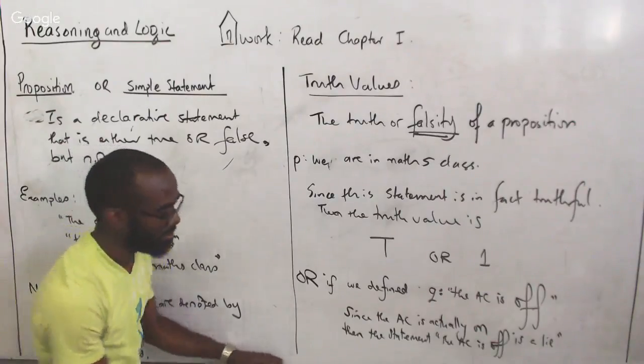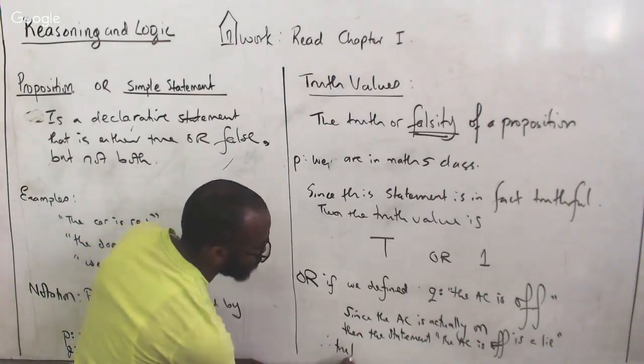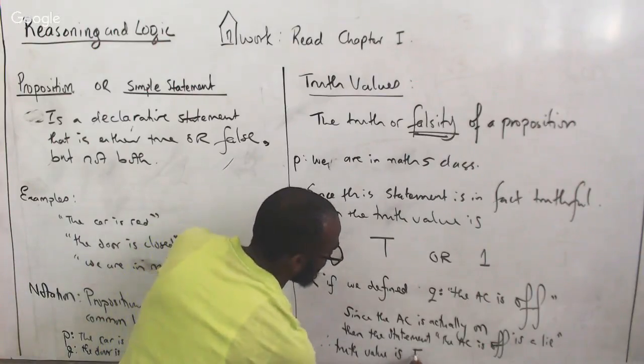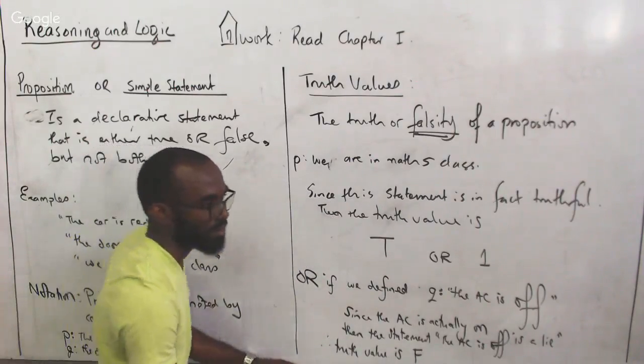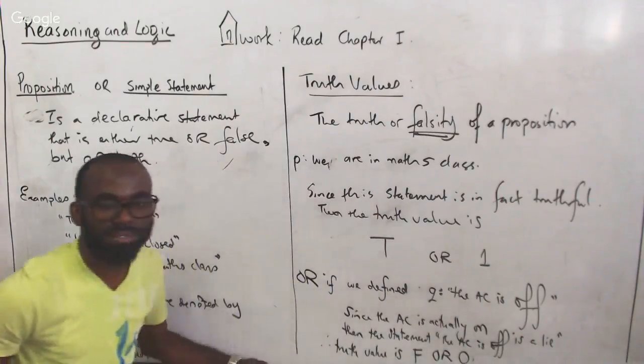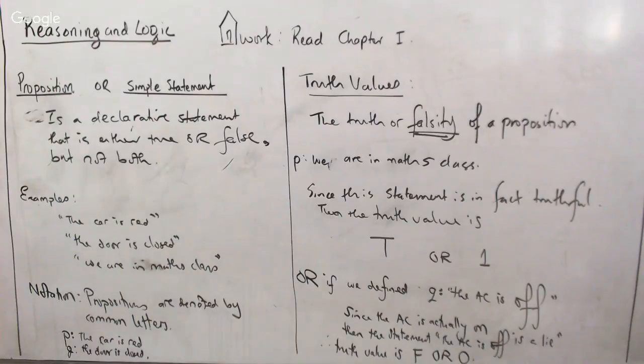That's all. Therefore, the truth value is capital F for false or 0. Yeah? There is no big deal.